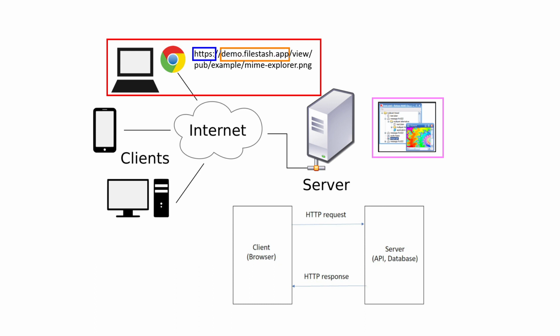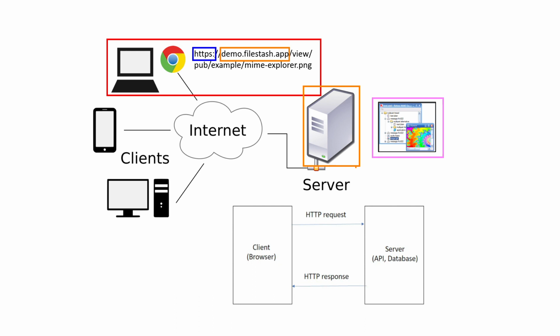we have a name. This is the name for the server. So this machine actually has a name, and the name is demo.filestash.app. But remember, whenever we are doing end-to-end communication, meaning we want a client to talk to a server or a device to talk to another device, then we need to establish an IP address.